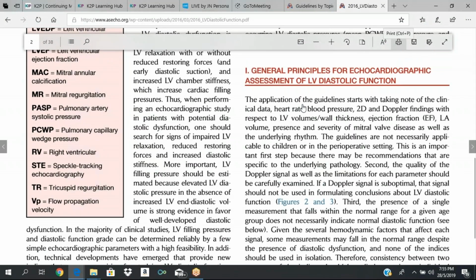So the application of the guidelines starts with taking note of the clinical data. That is, when the patient comes to the echo lab, or if you're the doctor who is taking information, you need to know the heart rate, the blood pressure, and then the 2D and Doppler findings with respect to left ventricular volume, wall thickness, ejection fraction, left atrial volume, the presence and severity of mitral valve disease, as well as the underlying rhythm.